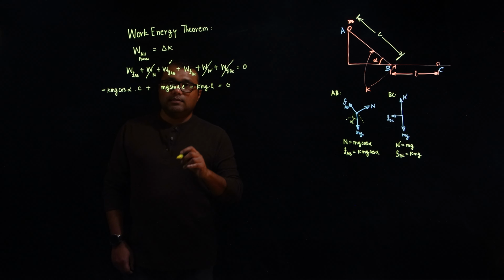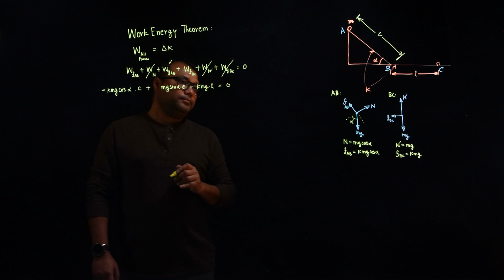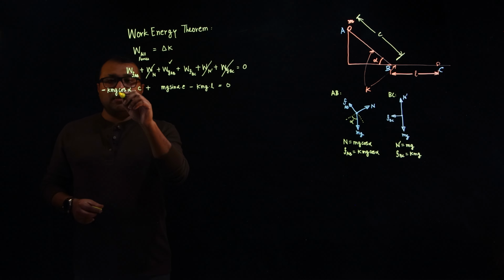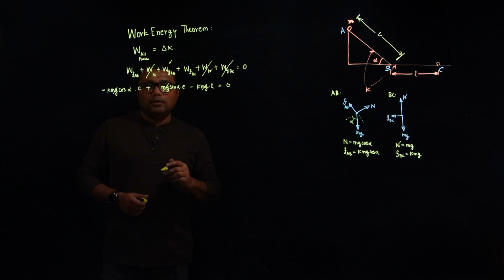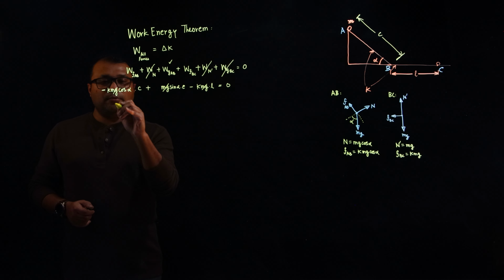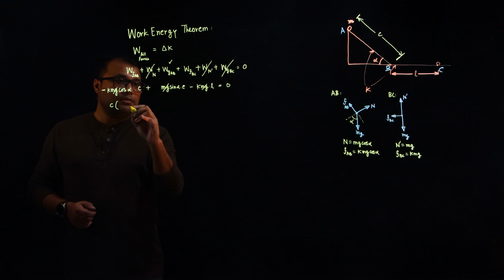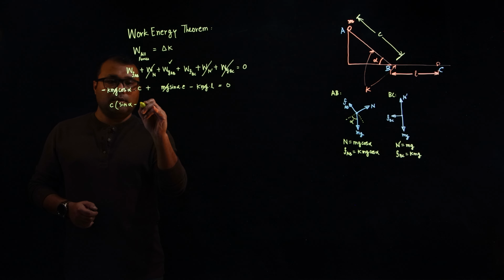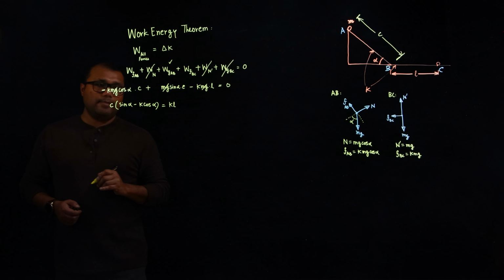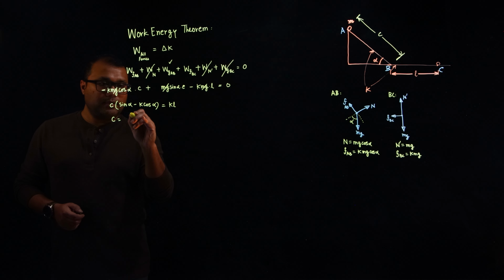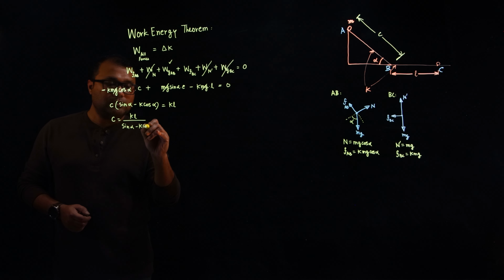From here I can see the only unknown is C. We can cancel out mg. Let's take C common from these two: C common is sine alpha minus K cos alpha. Let's take this KL to the other side, so it is equal to KL.